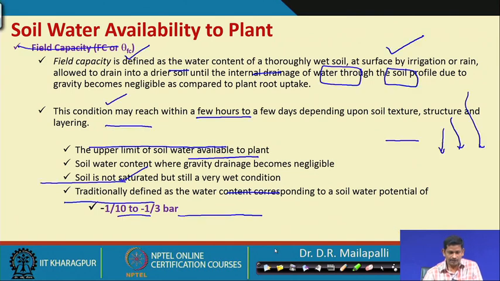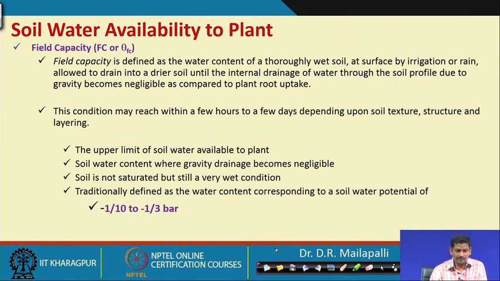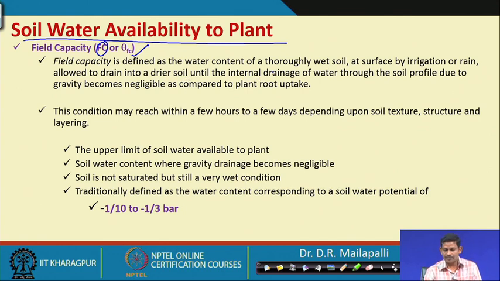Okay. So, then the soil water available to the plant, as I mentioned. The field capacity is denoted either F c or theta F c. In the literal sense, the field capacity is defined as the water content of thoroughly wet soil at the surface by irrigation and rain.